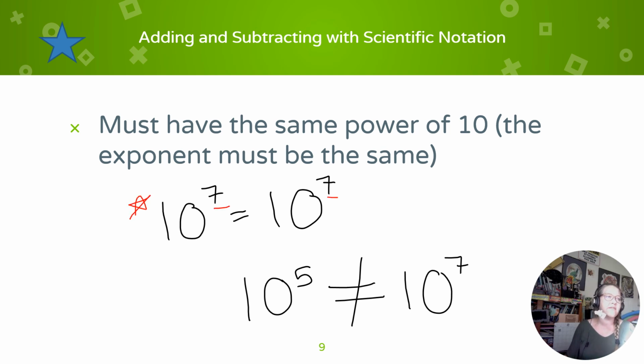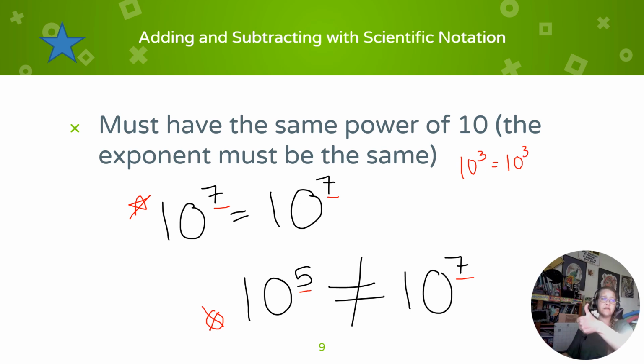7 and 7. Those are the same number. Down here in the X category of no good are 10 to the 5th and 10 to the 7th. Those do not have the same power. Let's look at some more examples that have the same power and don't have the same power. 10 to the 3rd and 10 to the 3rd?